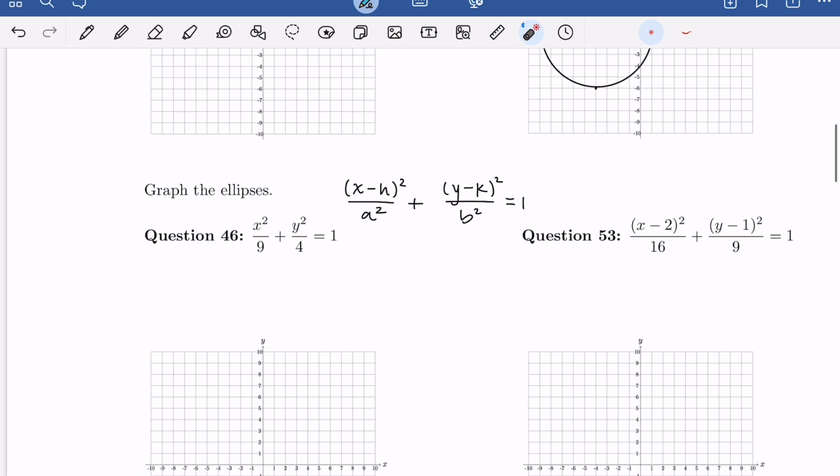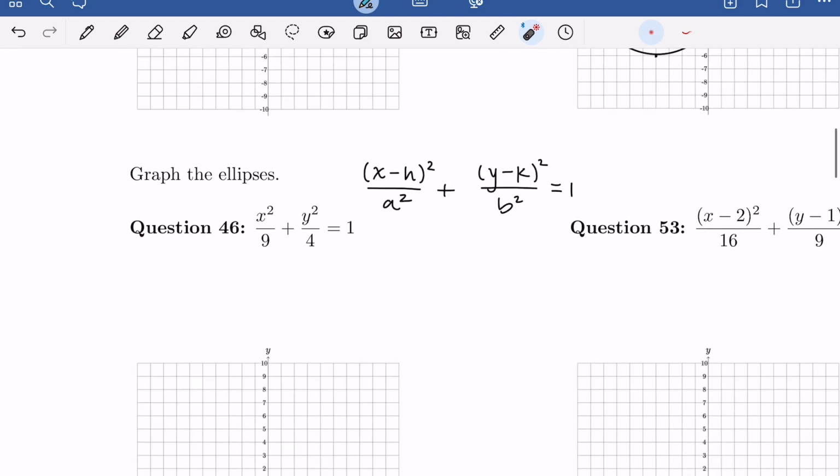Now, looking at this first question here, question 46, we have an ellipse here in its standard form. Now, since we don't have this minus h or k here, we just have x squared and y squared by itself, what this tells us is that the center of this ellipse is going to be 0, 0, which is the origin. So our h and our k coordinates are both 0.